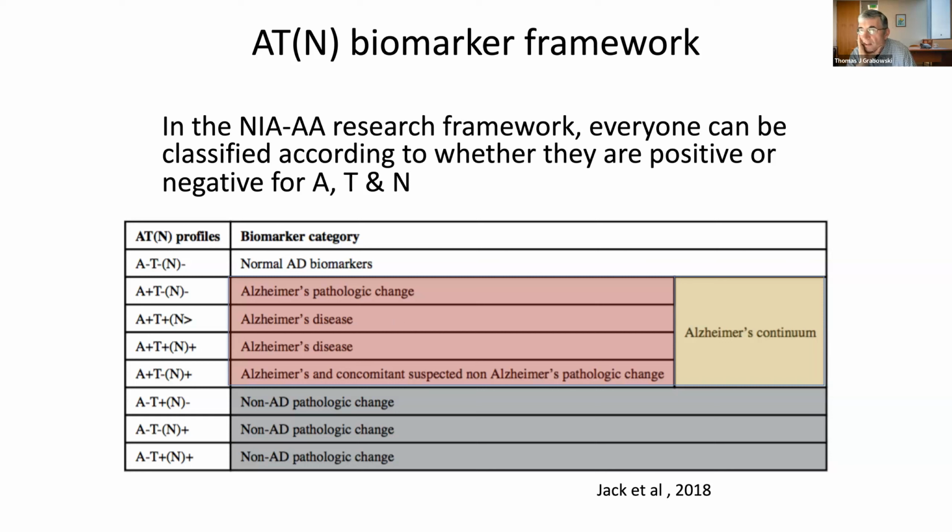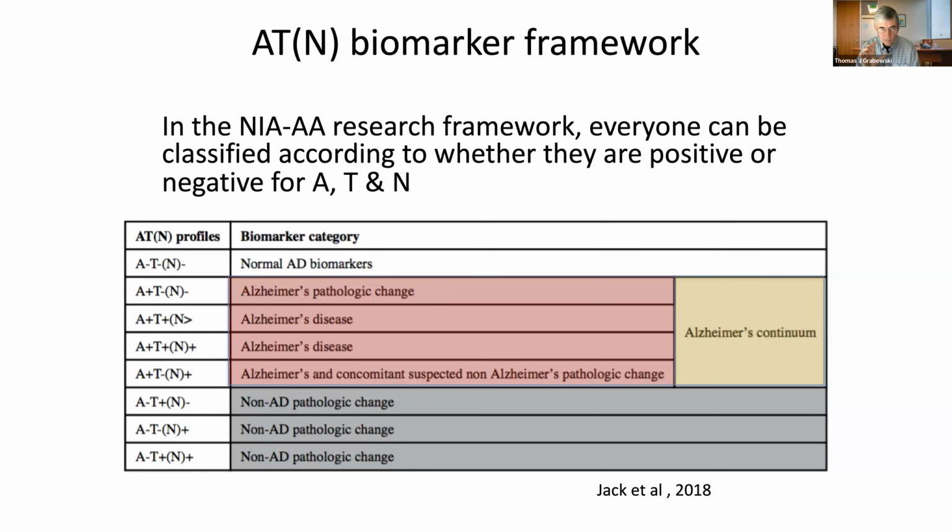And I've not made any reference to cognition, if you'll notice. So in the NIA-AA framework, you can define the presence of Alzheimer's disease with only a biologic measure. And then if you're amyloid negative, and especially if there's N positive, you're in the regime of a non-Alzheimer's degenerative condition. That'll make sense.